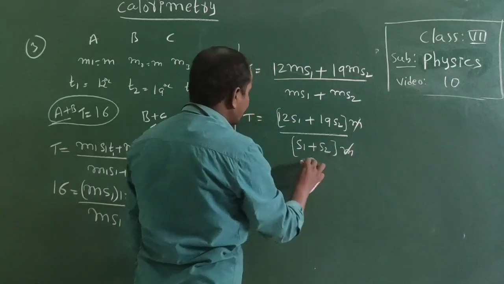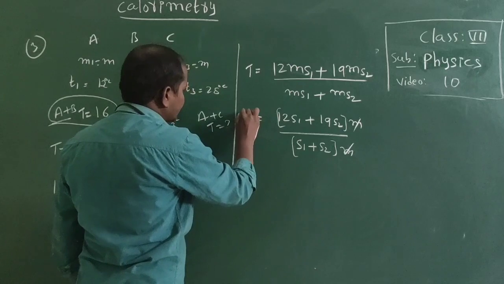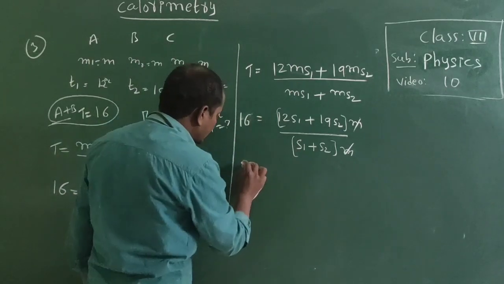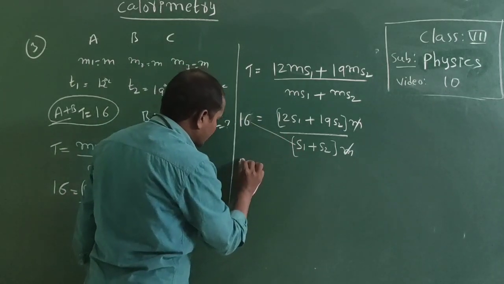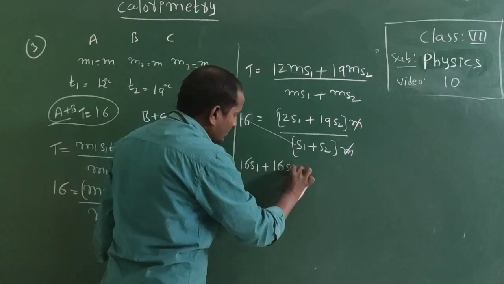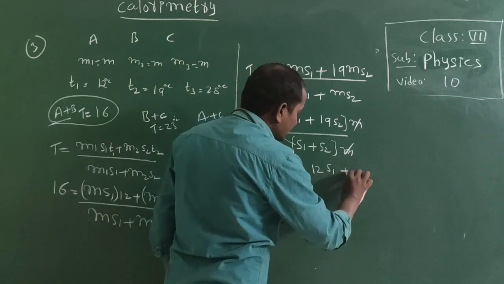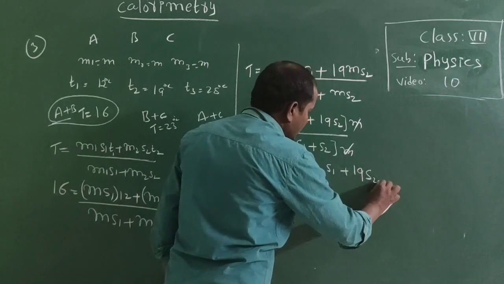Here M can be cancelled. The result is given as 16. Cross multiplying, 16 S1 plus 16 S2 equal to 12 S1 plus 19 S2.